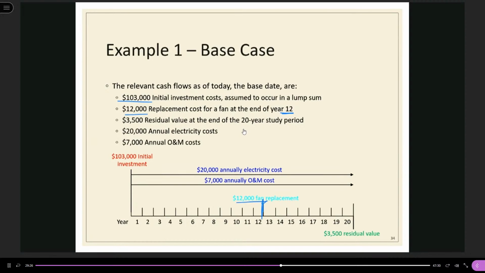And this initial cost we need to pay on day 1, and we have the residue value of $3,500. It is the residue value, so it is negative. Then these are recurring, annual costs.